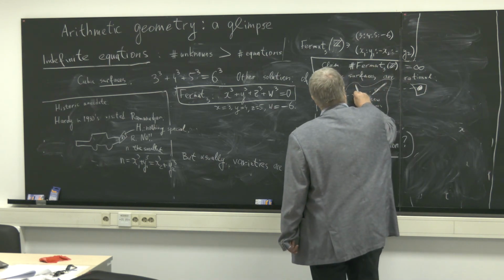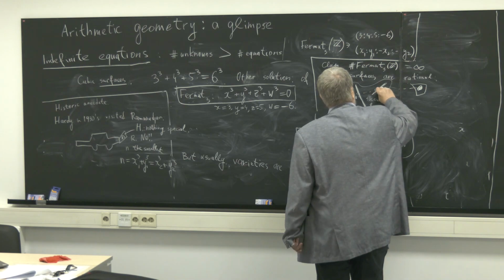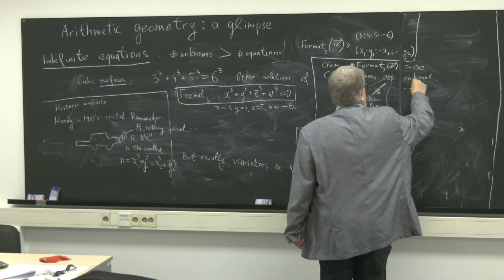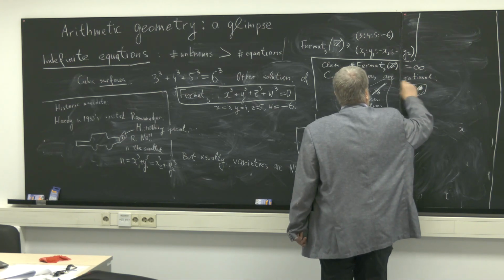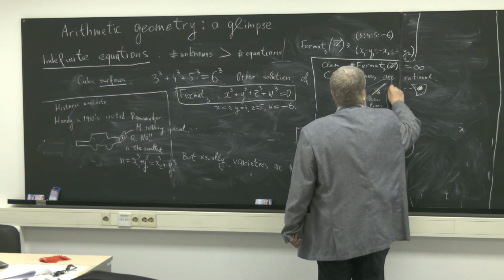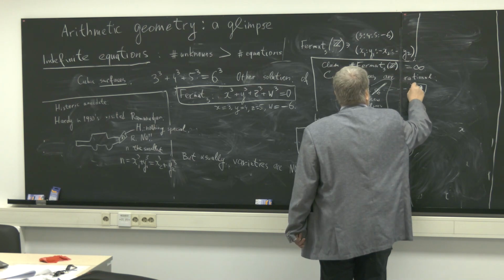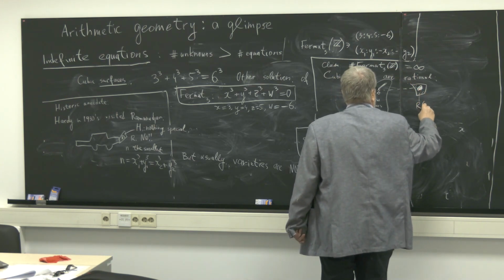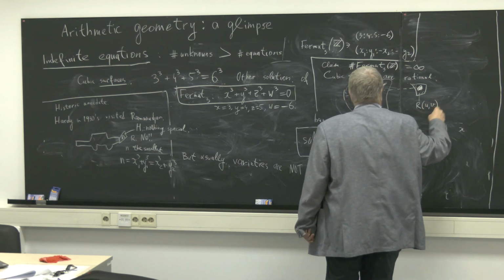If we have a u coordinate here and a v coordinate here, then we have the third point, the third intersection of this broken line with the cubic surface, and it is a rational function in u, v.